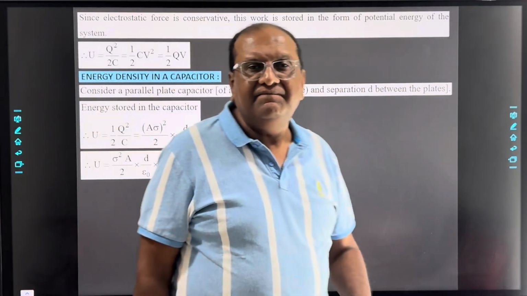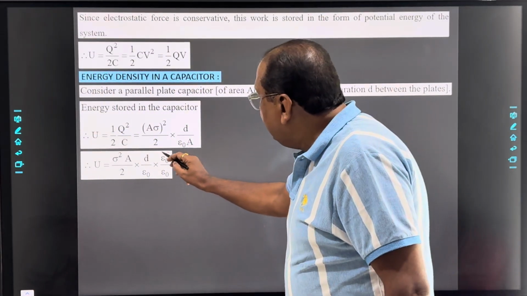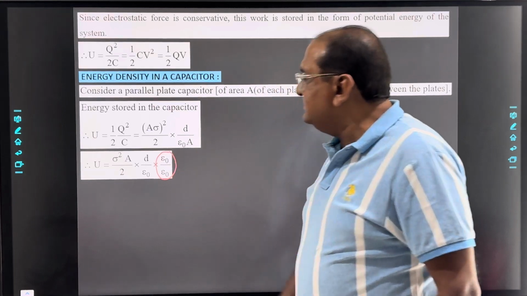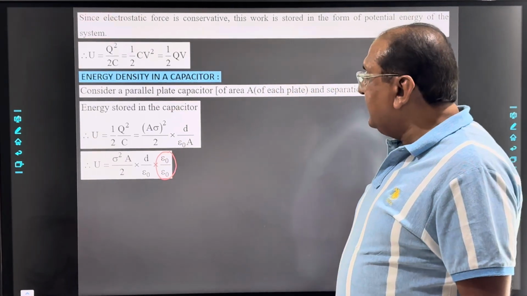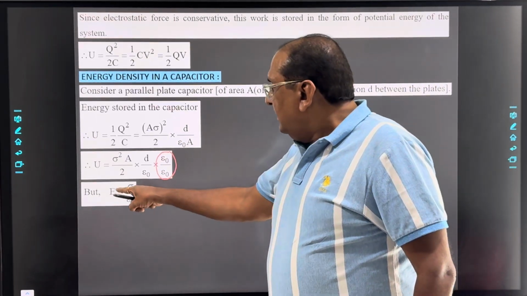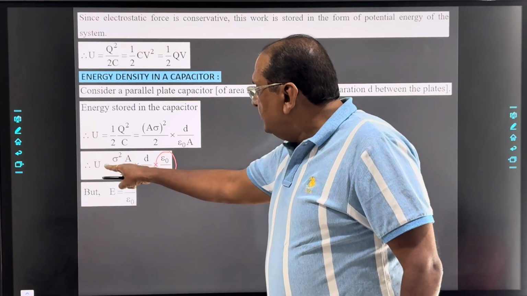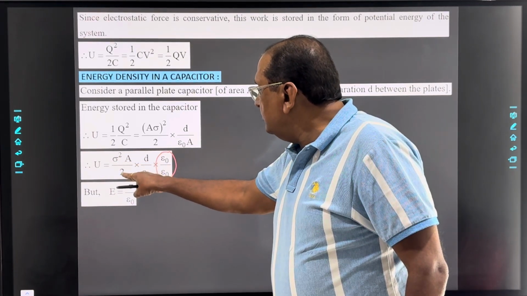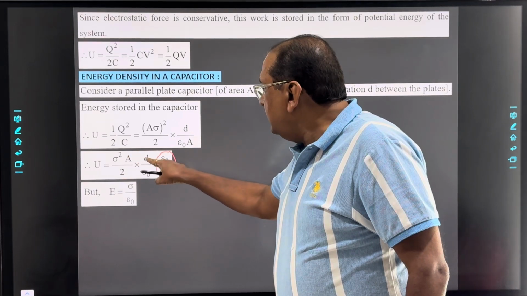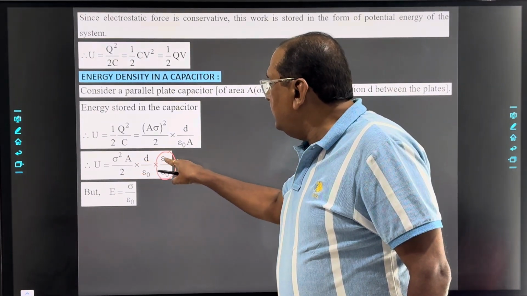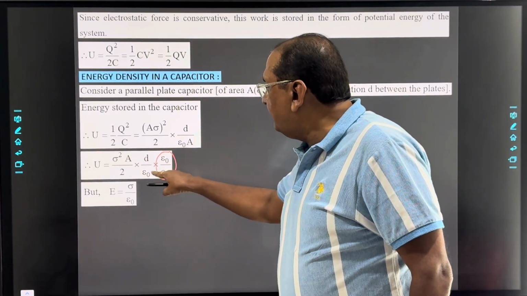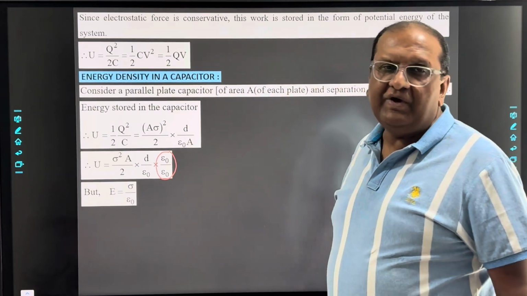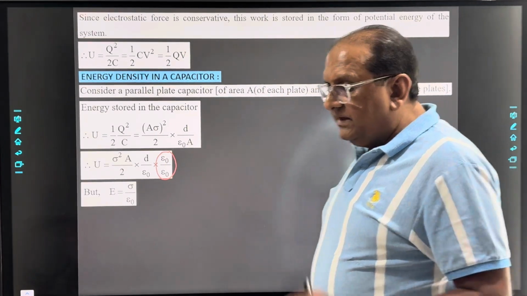Now multiply and divide by epsilon 0, so U equals sigma^2 over 2 times A D times epsilon 0 over epsilon 0^2.